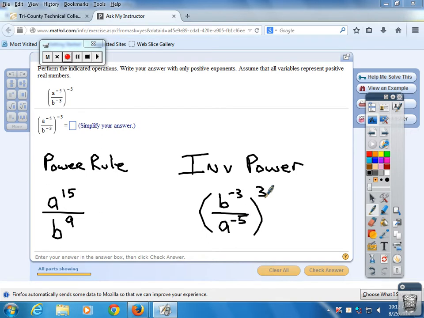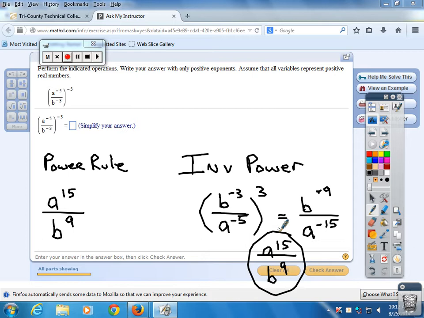And then what's 3 times -3? B to the -9th over A to the what? Now it's raised to the 1st power, so you can flip it, and when you flip it, it becomes A to the 15th over what? B to the 9th. We get the same answer?